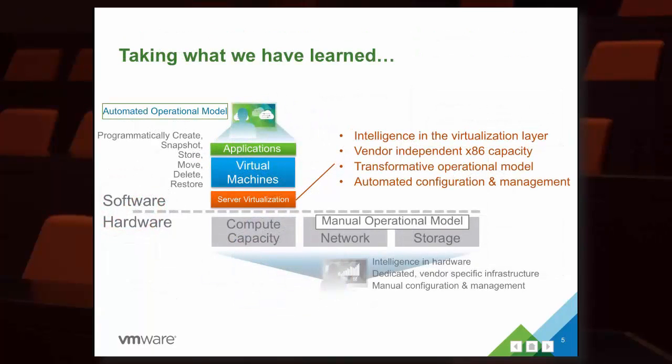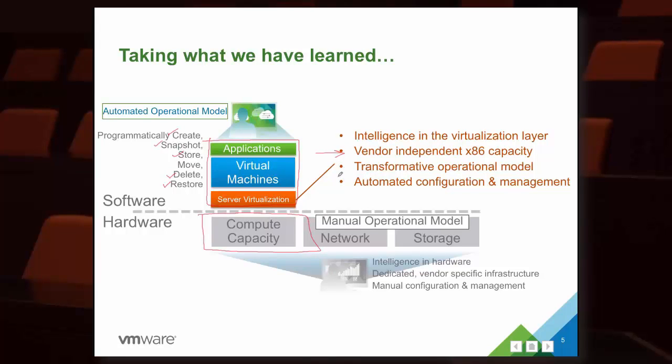We've taken what we've learned, where we started with the compute capacity and moved away from this clearly only hardware operational model to allow for automated operations for the applications, the virtual machines, and the server infrastructure, giving us the ability to do all of the things that we wanted: to create snapshots, store, move, restore, and delete machines whenever we need, and specifically to make sure that we were agnostic of the vendor.